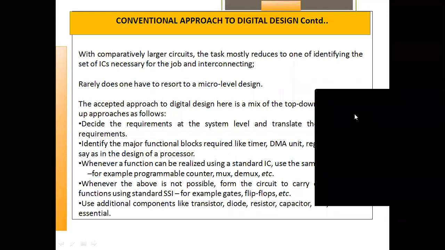System requirement is nothing but we are expecting some output with the help of some inputs. That is the system level requirement, the expected output. Then the circuit requirements: to get that particular output with the help of the given inputs, we should identify the components required for designing that particular circuit or system.